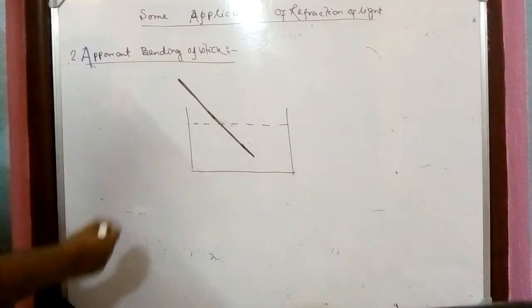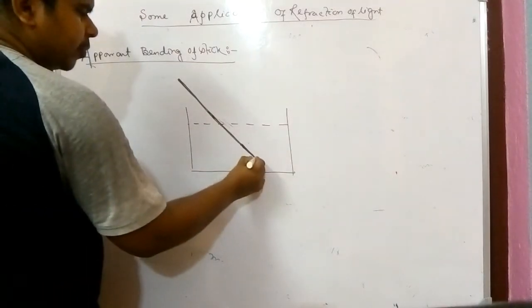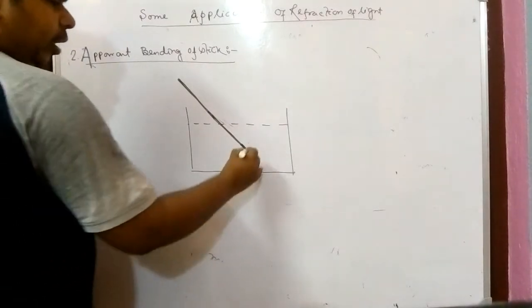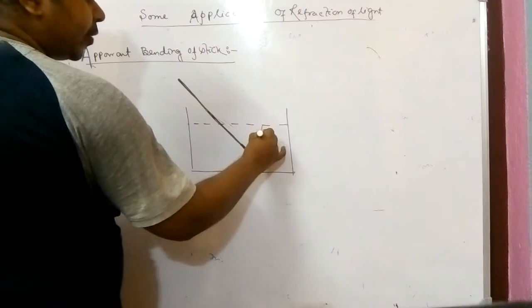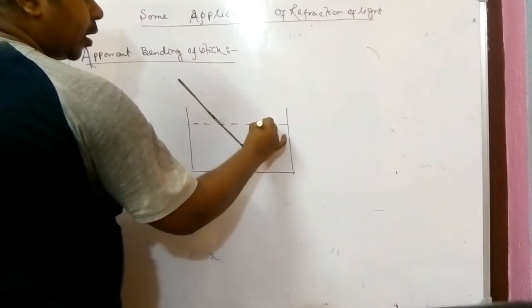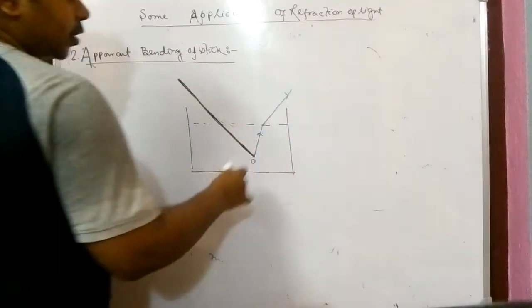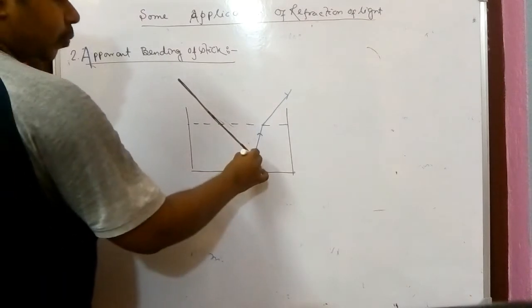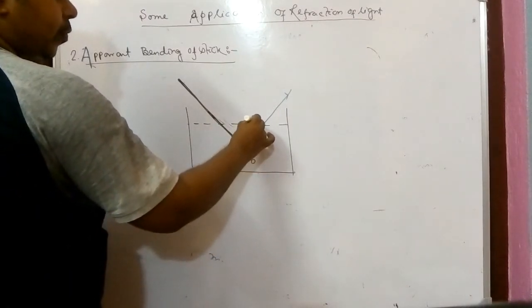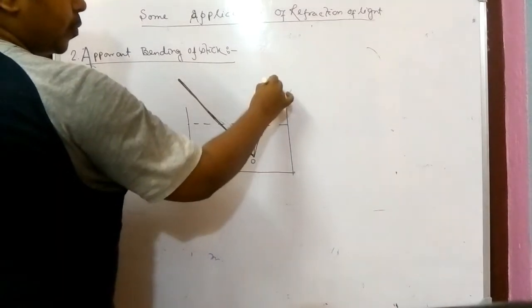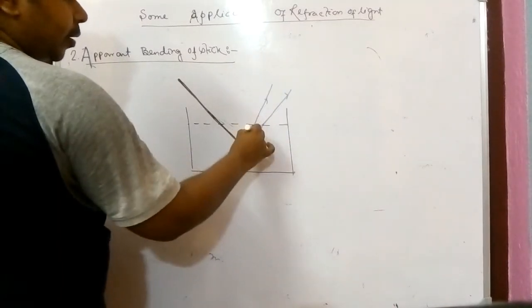Why? Assume we take a point O here, that is the end point. If we take any two light rays going outside from this point O, how do they move?